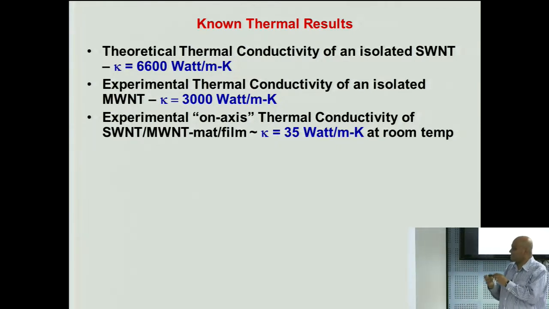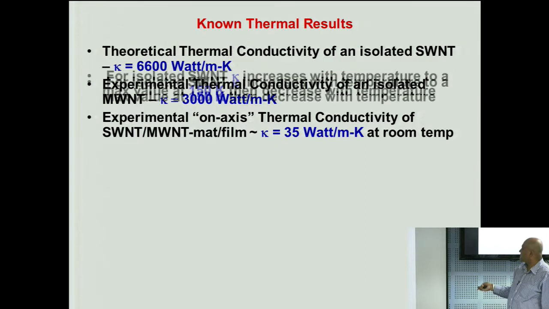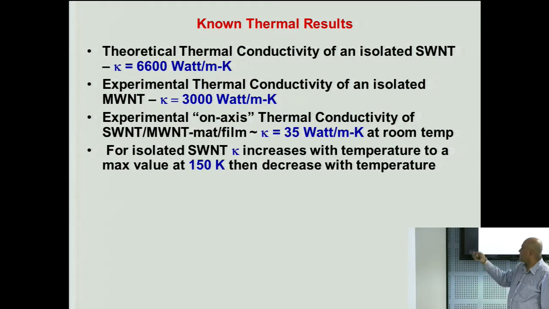If you measure the thermal conductivity perpendicular to the axis, it is 1000 times less. If you want to compare these numbers with the best thermal conducting material currently, we know it is diamond.